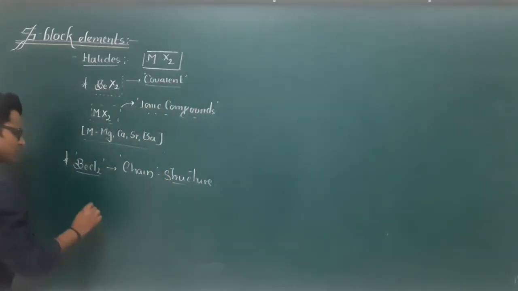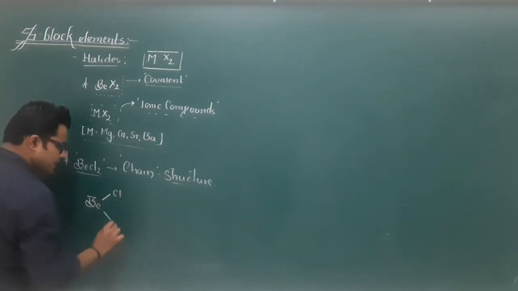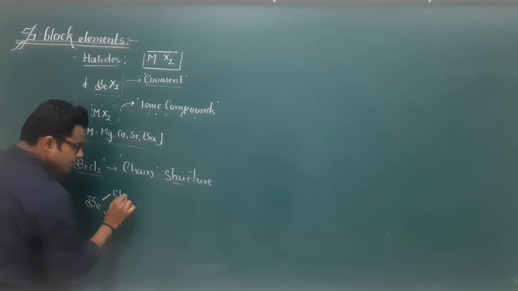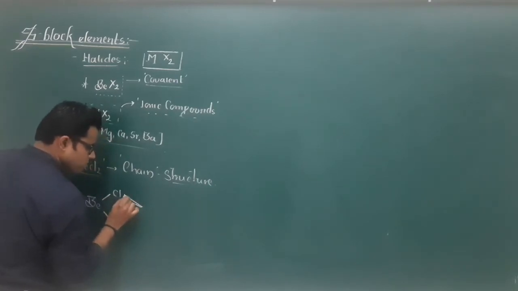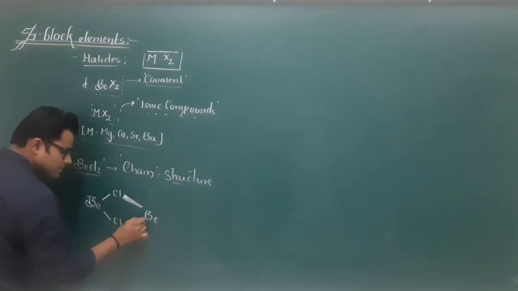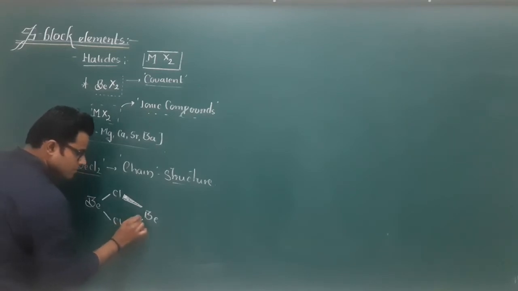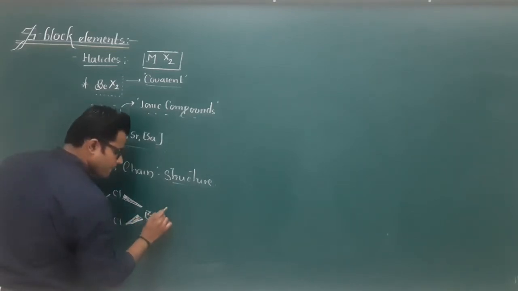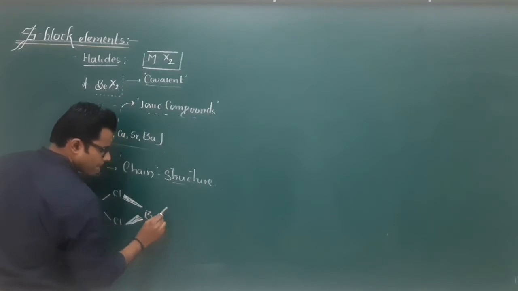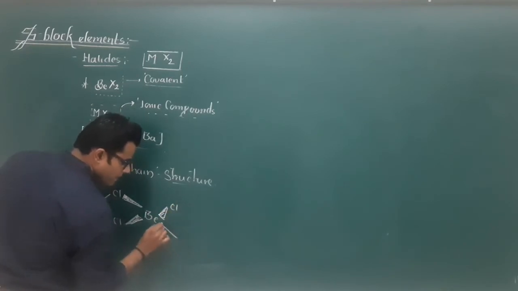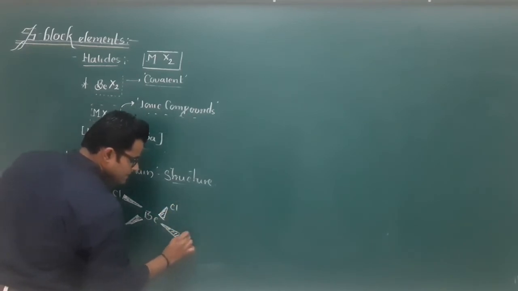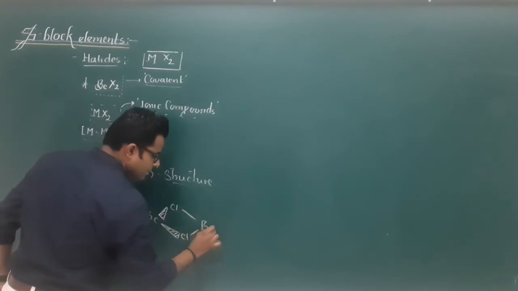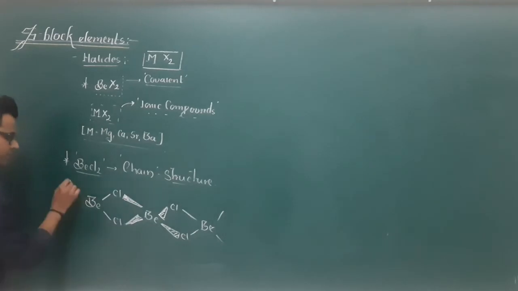And the chain kind of structure is represented as BeCl, Be, Cl, again Be, and this thing continues.